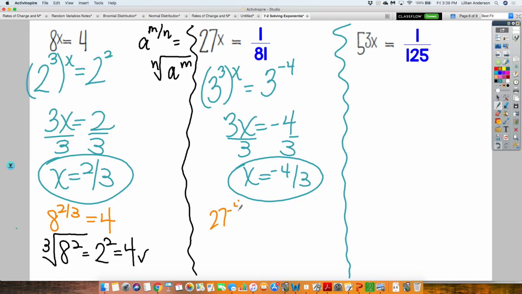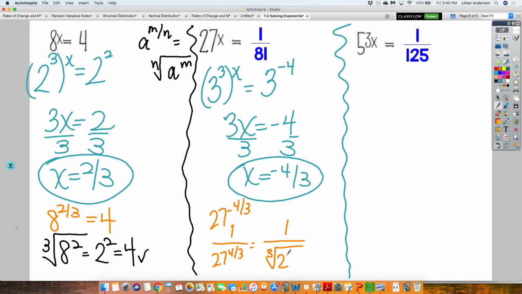You plug it back in to check. That's 27 to the negative 4/3. How do I make that exponent positive? You flip it. And then I can rewrite 27 to the 4/3 as a radical.